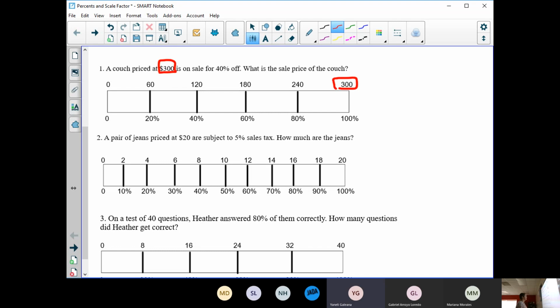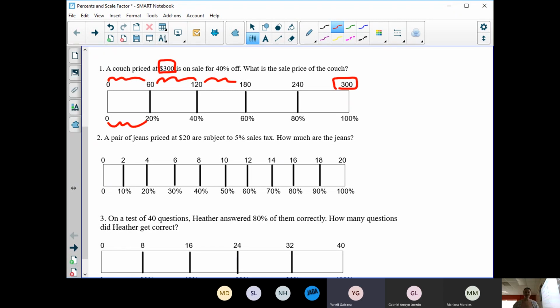So I did 20%, because I know I can divide 100 by 5 and get 5 chunks of 20, and I can divide 300 evenly by 5. So when I divide 300 by 5, each chunk is going to be $60. So the first chunk here is $60, $60 all the way across. And on the bottom side, each chunk is 20%.